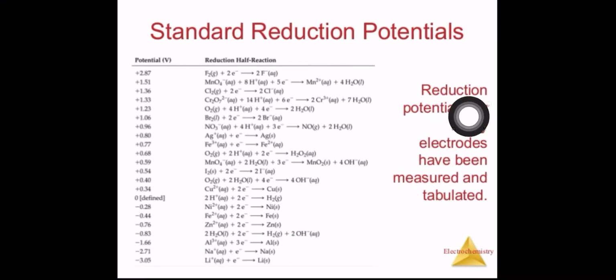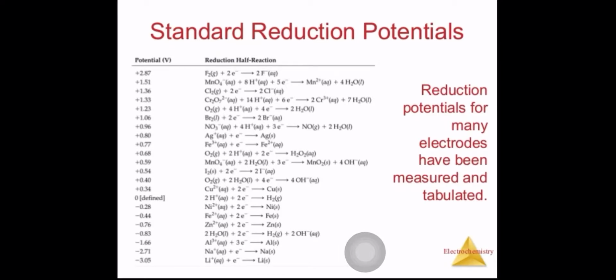Reduction potentials for many electrodes have been measured and tabulated here. This is the whole table, and it is also given in your textbook for your reference. In standard conditions, we have to put a 0 above the E, so E standard cell means 0 above E and then cell; if we write just E cell, it is the total of the cell.